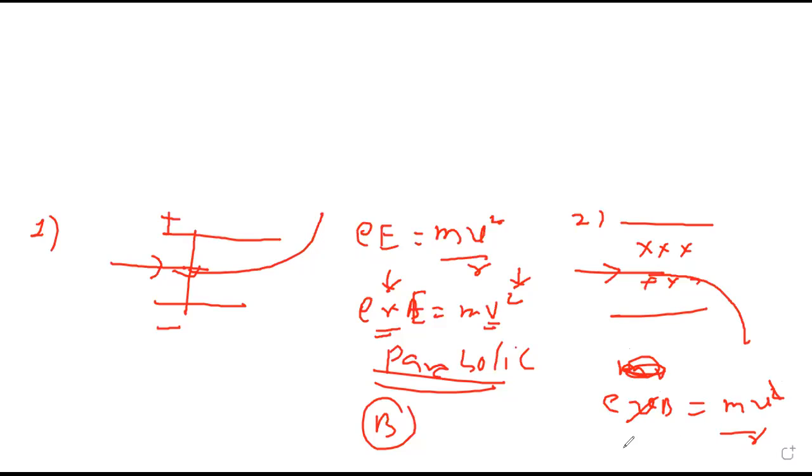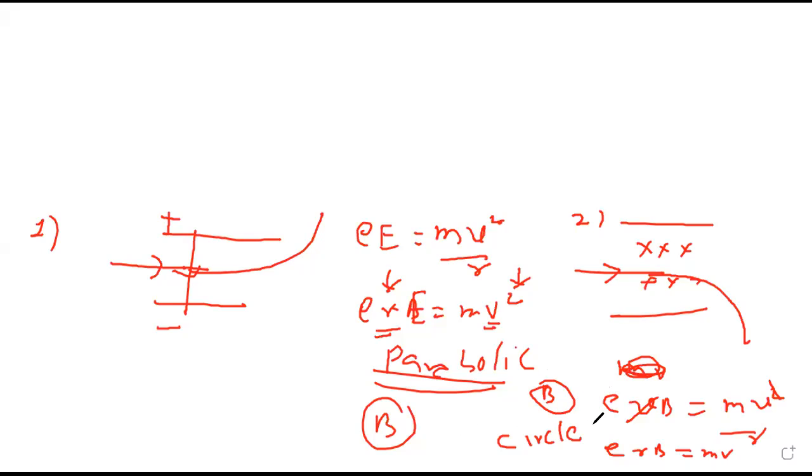So here we can see eRB is m into V. V has power 1, R has power 1. But definitely the curve cannot be linear. So if I square both sides, I will get V in square, R in square. Both squared, then it is called a circle. So this will be in the form of a circle, and if it is an electric field, then parabola.